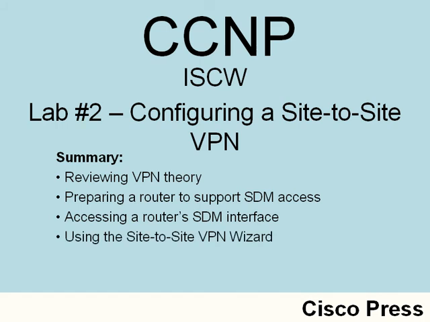Once the tunnel was configured and we took the configuration from router R1, we generated a mirror configuration, applied that mirror configuration to router R3, and we had to do a little bit more modification on router R3. Remember the crypto map. We had to take that crypto map that got generated and apply it to router R3's serial 0 interface. Once we did that, we verified that the tunnel was up.